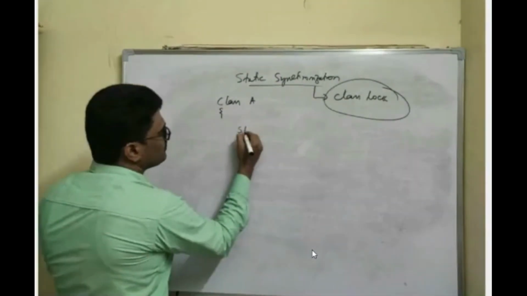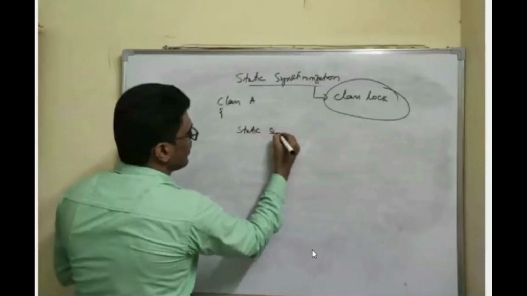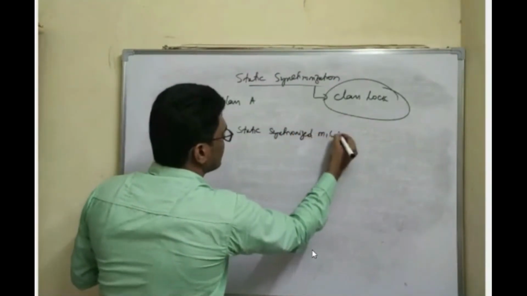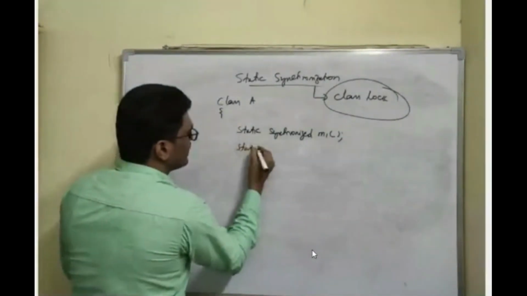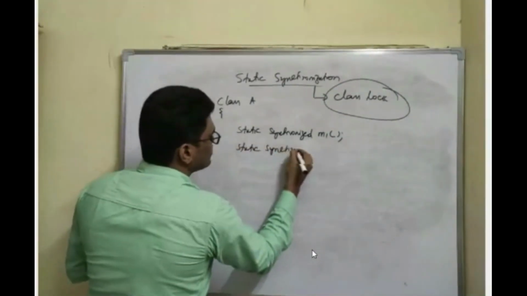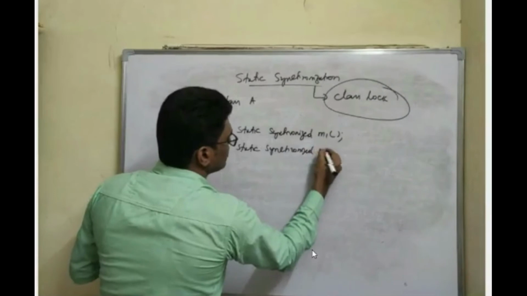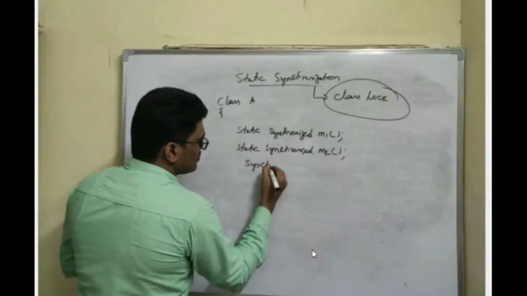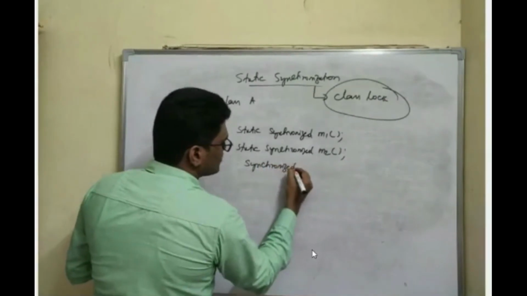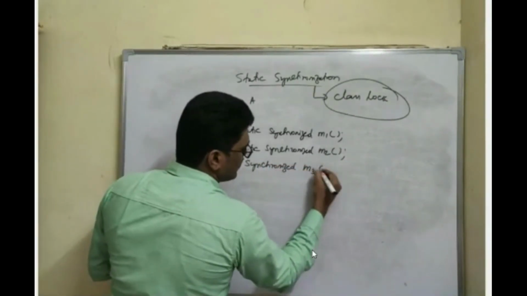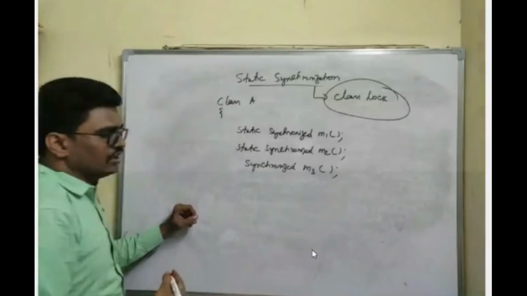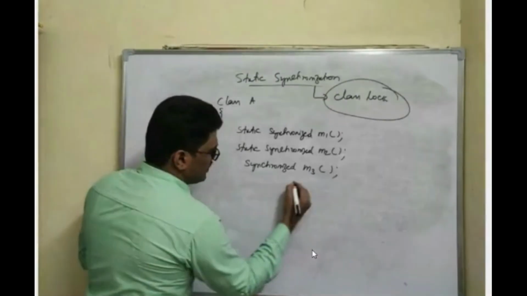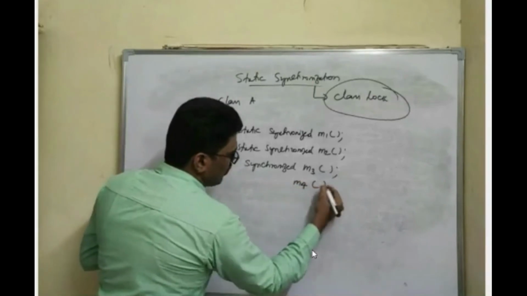I use a static synchronized method, M1. Similarly, there is a static synchronized method, M2. Another one is a normal synchronized method, not static, M3. Another method, suppose M4, is a normal method.